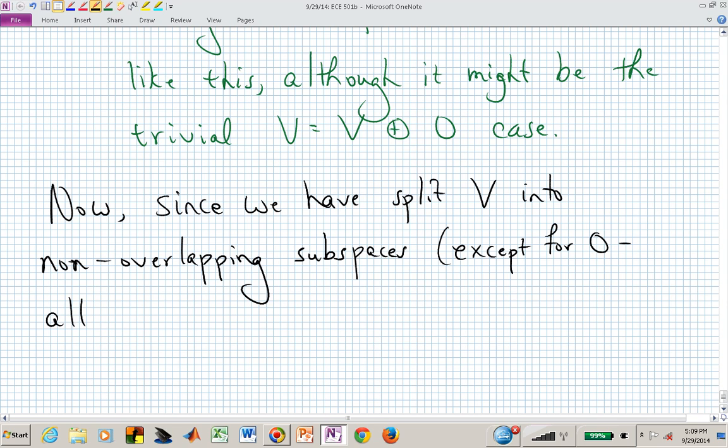All of these subspaces have the 0 vector, or they wouldn't be subspaces.